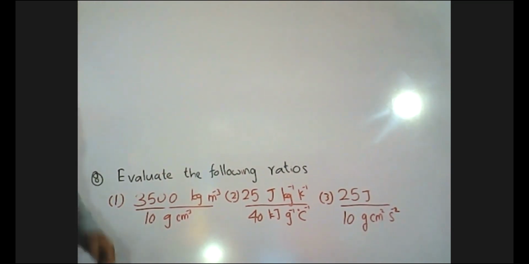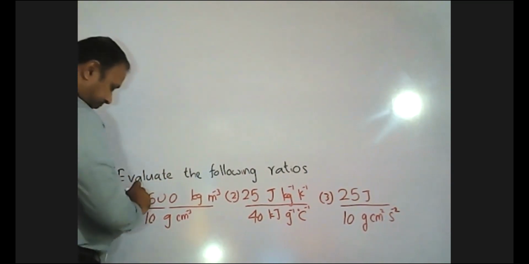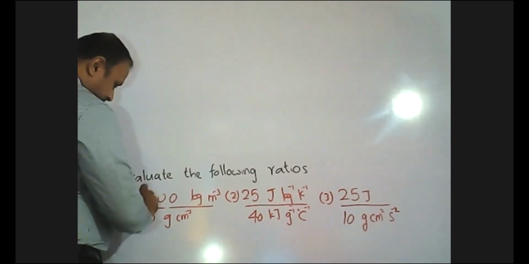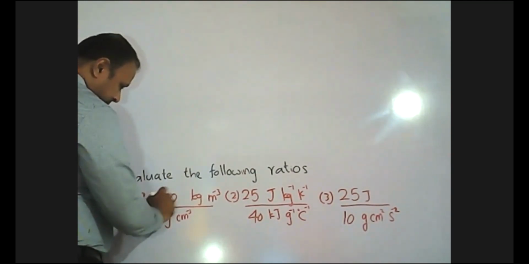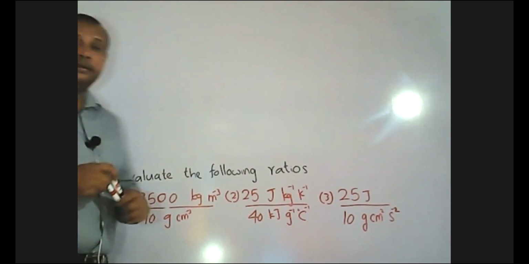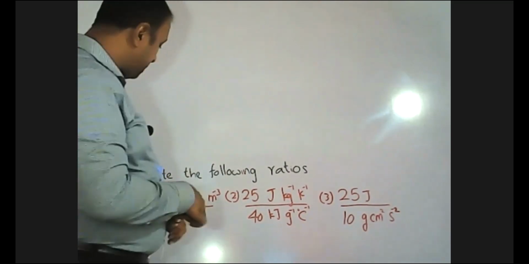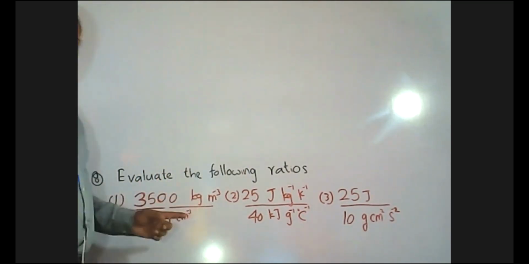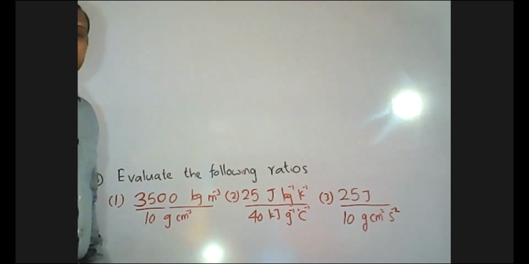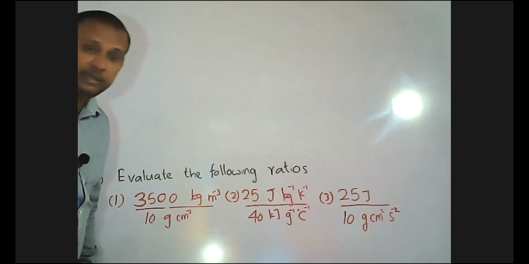3,500. Okay. How to take ratios? If you need to take a ratio, you have to convert both values into the same unit. That is the logic.